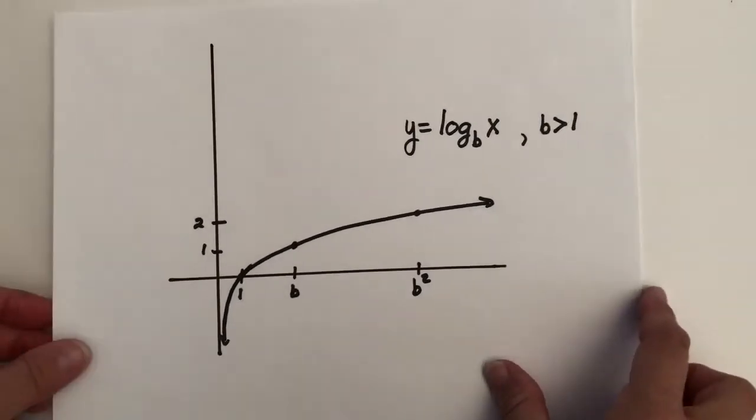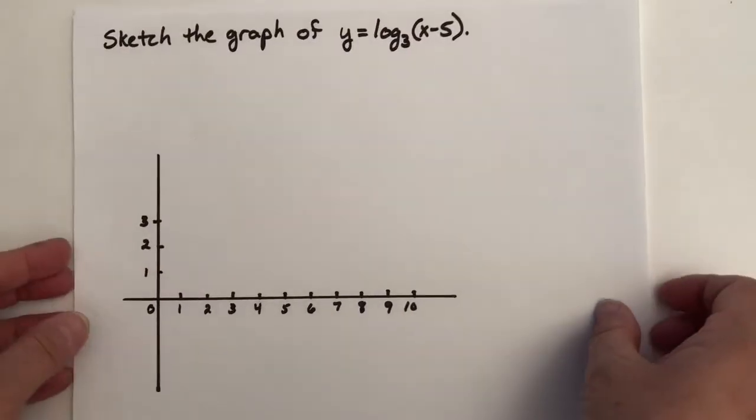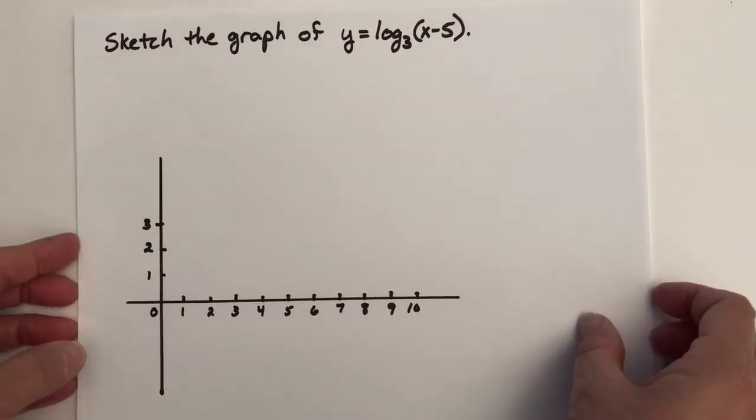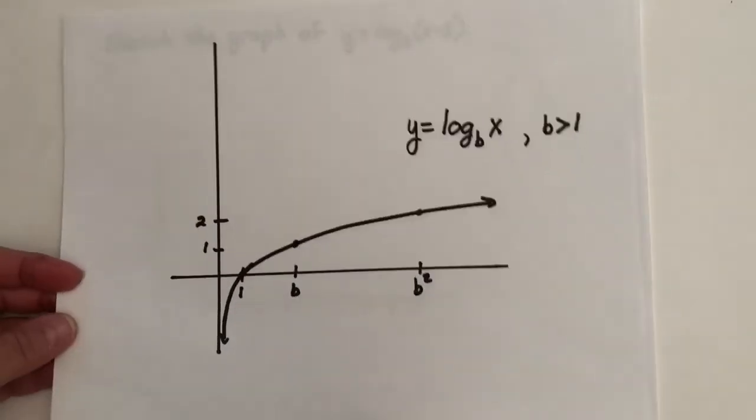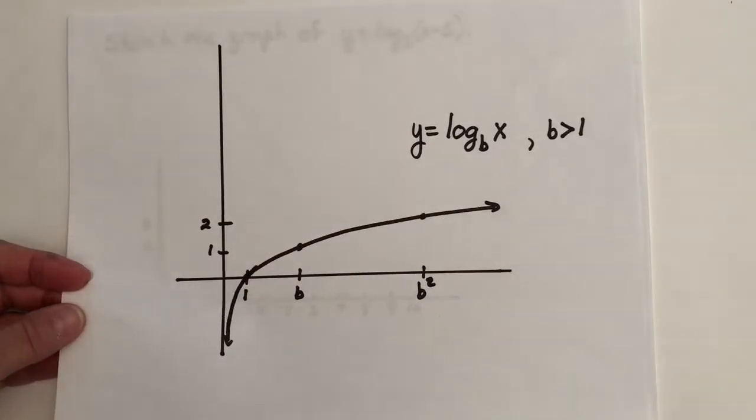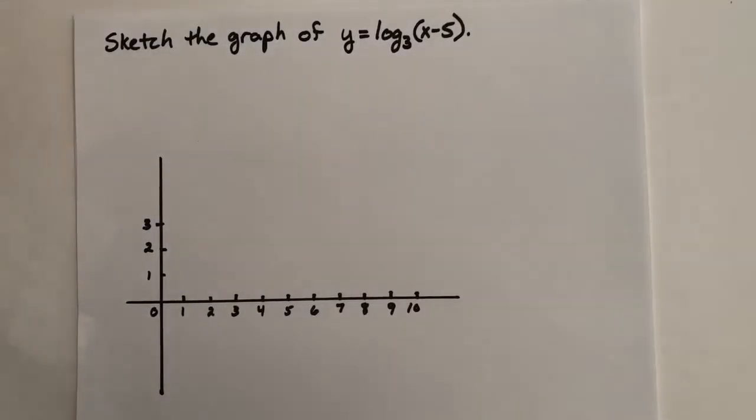So now let's sketch one. Let's sketch the graph of y equals the log of (x minus 5) base 3. Now we know we have this base graph, and as with all functions, our transformations work the same way.